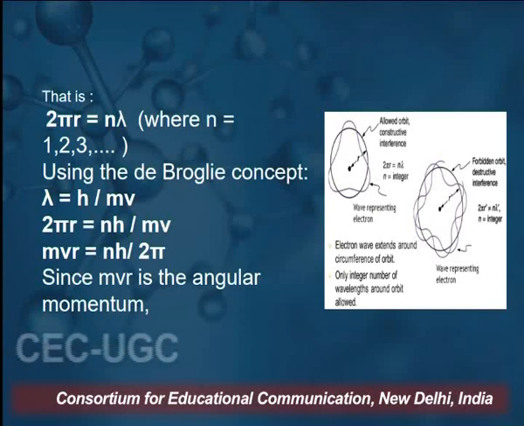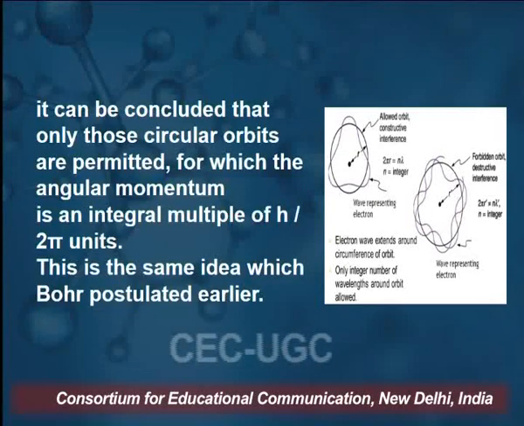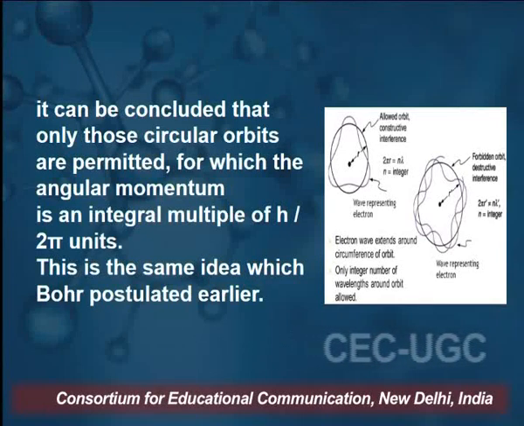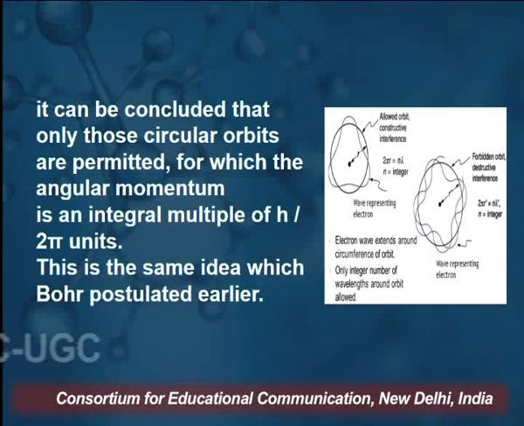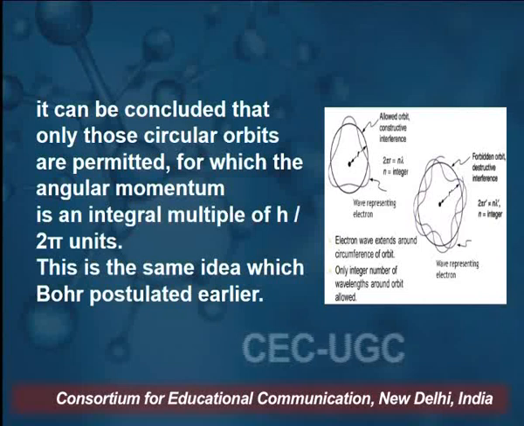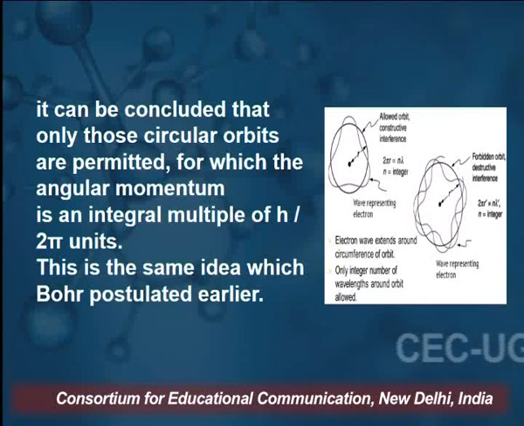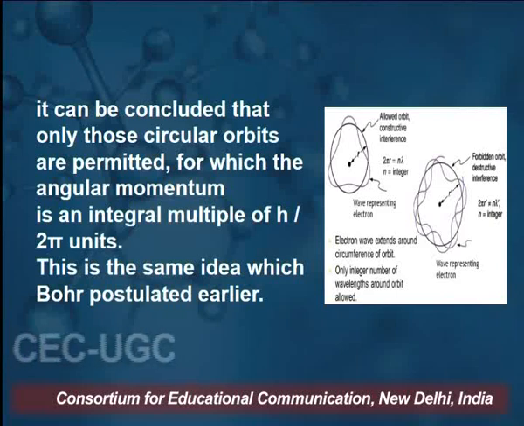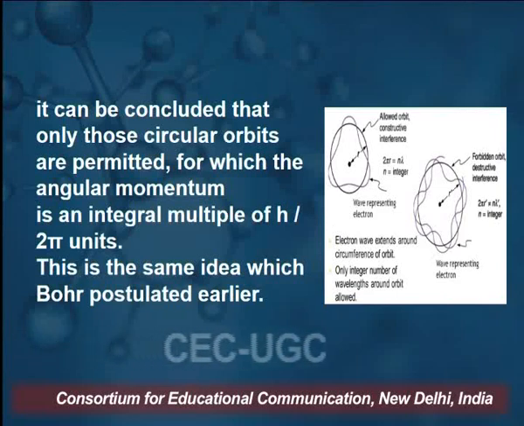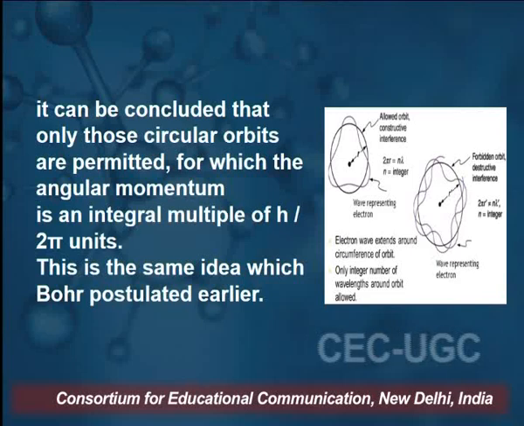Since mvr is the angular momentum, it can be concluded that only those circular orbits are permitted for which the angular momentum is an integral multiple of h upon 2 pi units. This is the same idea which Bohr postulated earlier but was explained by the de Broglie concept.